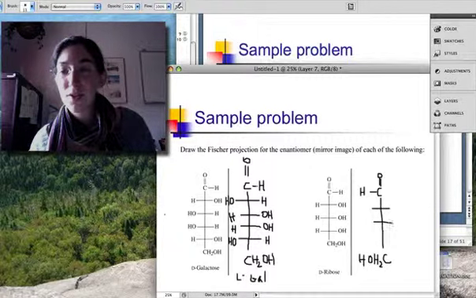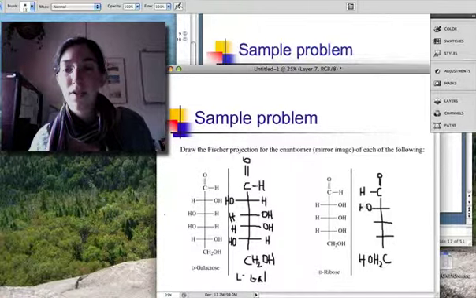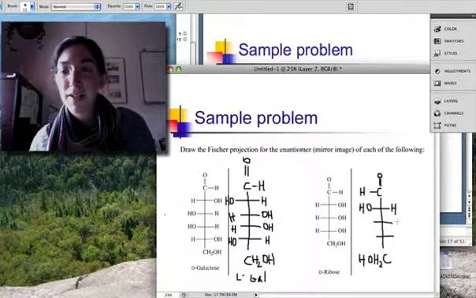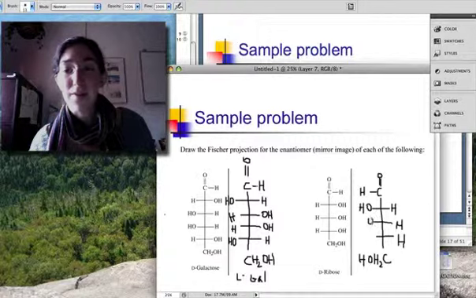1, 2, 3 chiral carbons. So this one, we'll do mirror image, H, so on and so forth. Hopefully you've already finished drawing this one. All of the hydrogens are going to be on this side, and all of the hydroxyl groups, alcohol groups, are on this side, the left side.